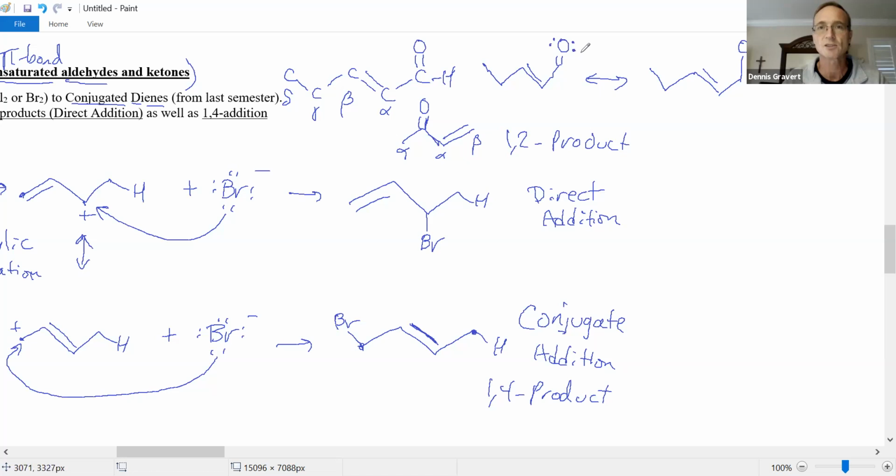So oxygen initially starts with 2 lone pairs, 2 bonds, but afterwards it acquires a 3rd lone pair. When it pulls this pi bond up onto oxygen, it becomes negatively charged, and then this carbon will now be positive. And this sort of looks like atoms 1 and 2.